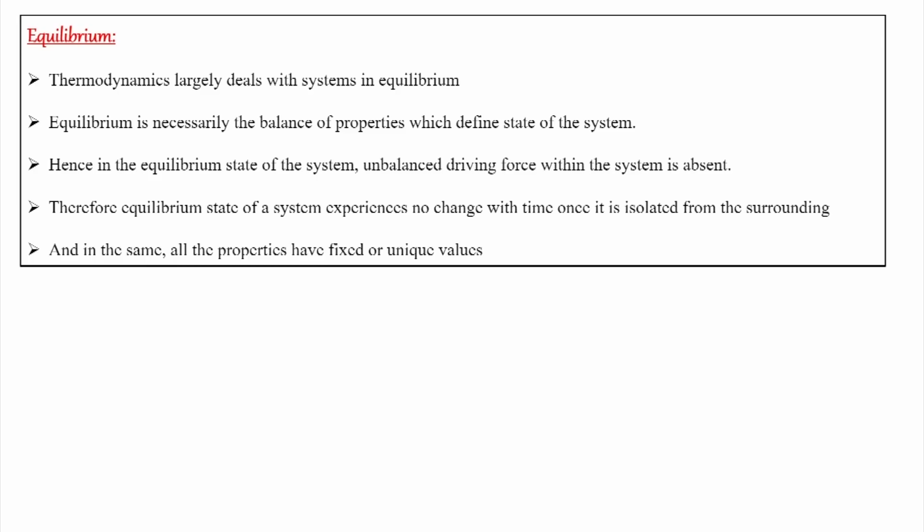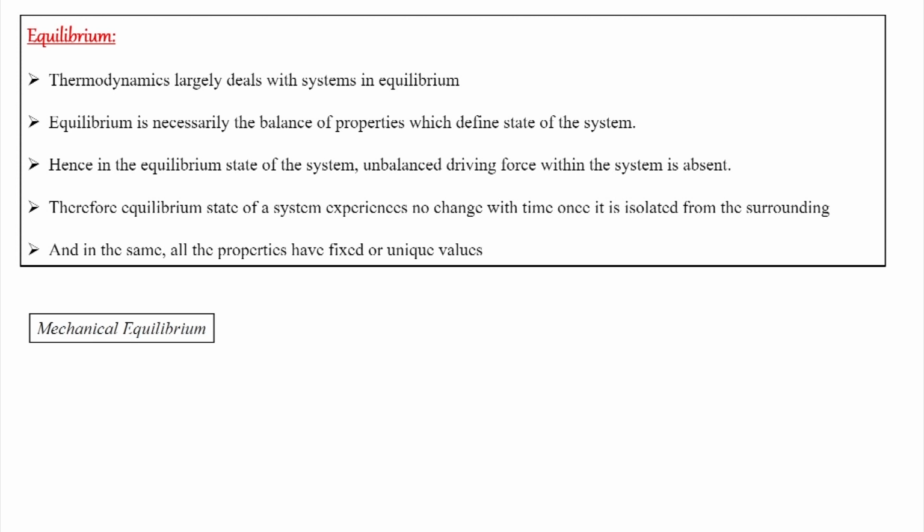This flow of mass or heat occurs due to the presence of some driving force, and that driving force is absent when the system has reached equilibrium. So once the system is in equilibrium, all its properties are fixed.